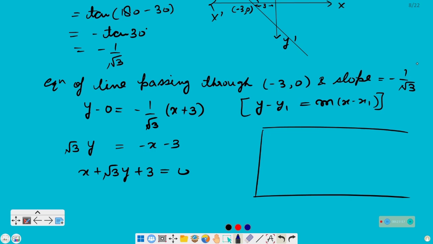If the slope is this and x intercept is minus 3, then formula will be y is equal to m(x minus b). If b is the x intercept, it means x plus 3.